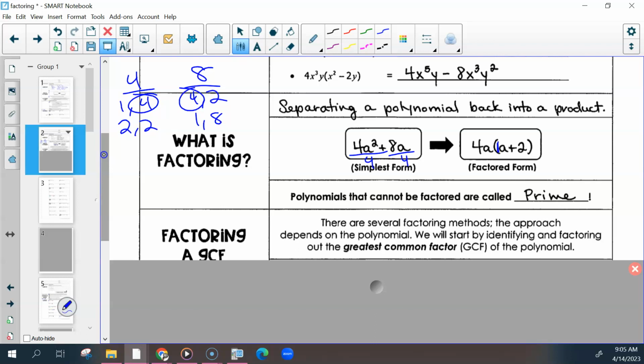Then for your variable piece, you're looking at the lowest amount of A's these both have. Well, the highest amount of A's they both have, but you're looking at that lowest exponent. Because this one doesn't have A squared, but they both have at least 1. So I could take an A out of both, which is why there's an A out here.